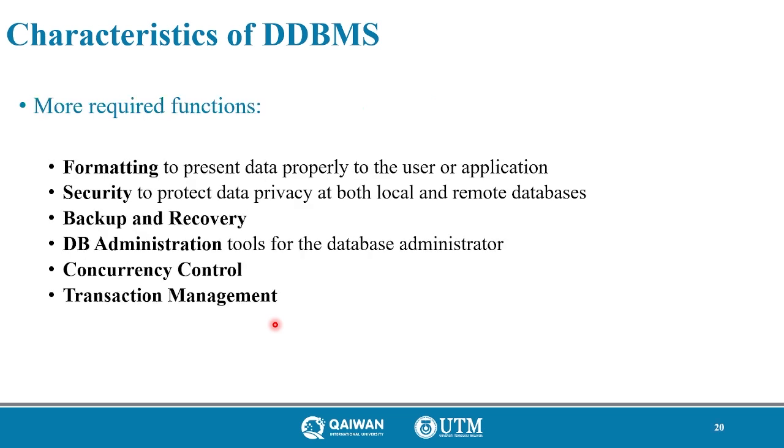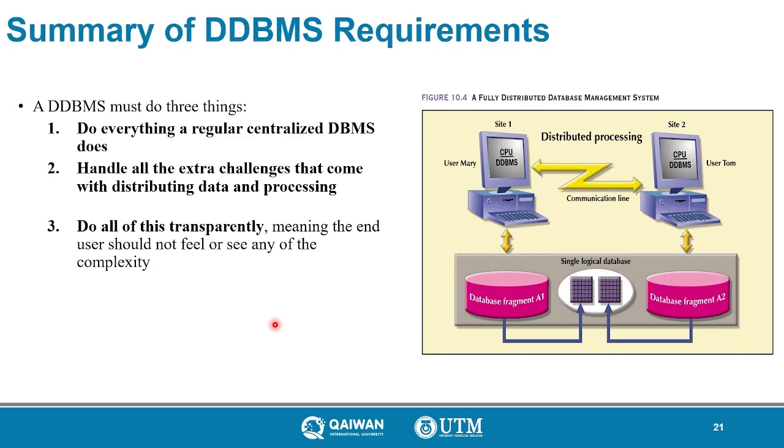Now, is it only this? No, we also have formatting to present data properly to user applications, security to protect data privacy for both local and remote databases, backup recovery, database administration, concurrency control, and transaction management.